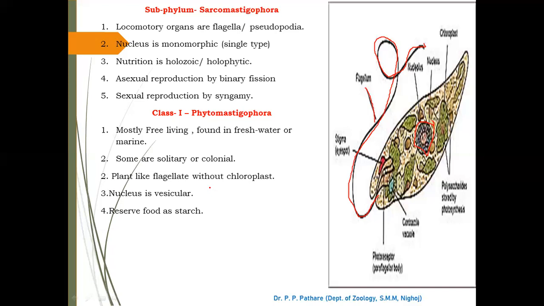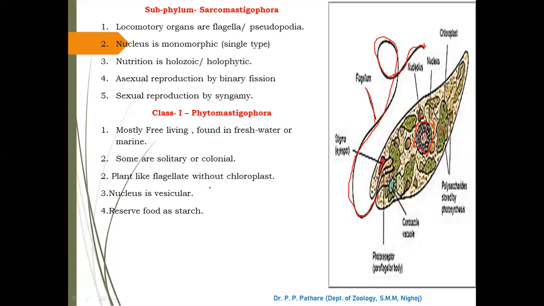These are the stored food materials we observe in plants. Next, in animals, the most important molecule stored as food material is glycogen.